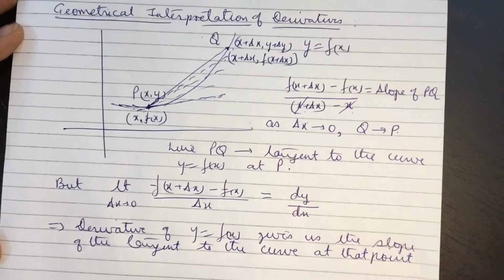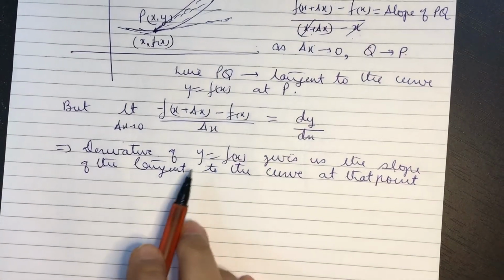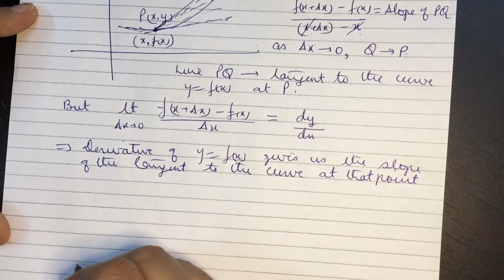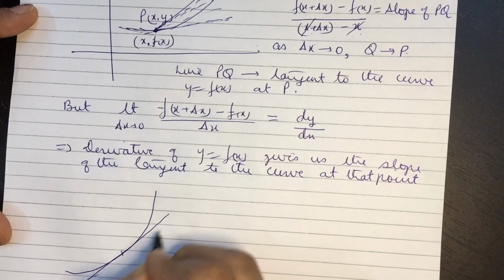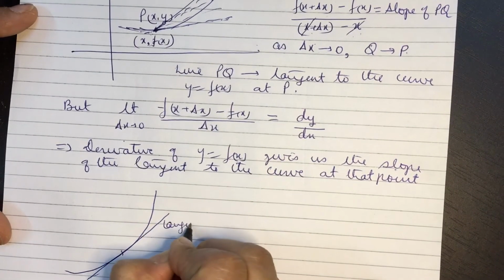Now taking this concept forward, we come to this conclusion that given any curve, at any point we have this tangent to the curve.